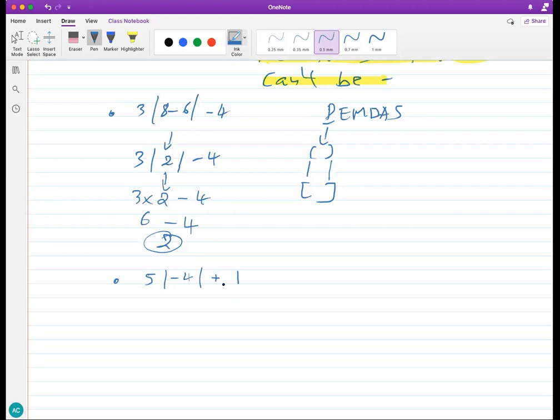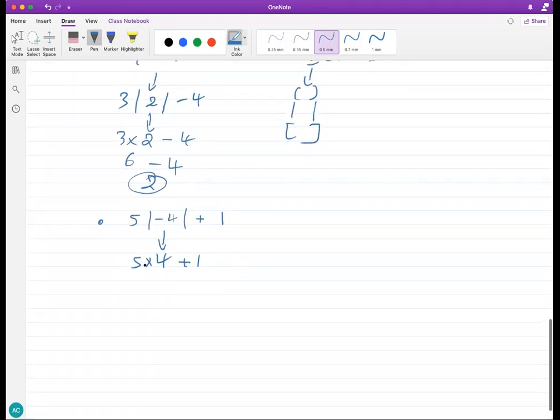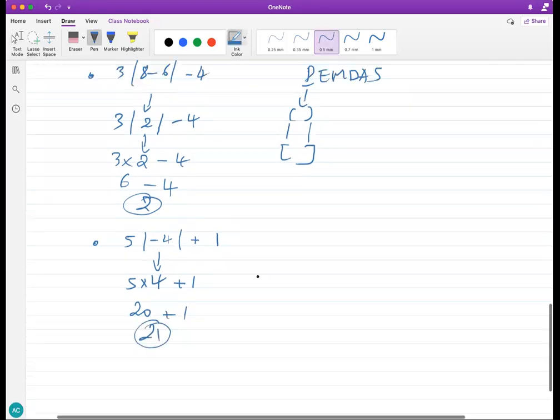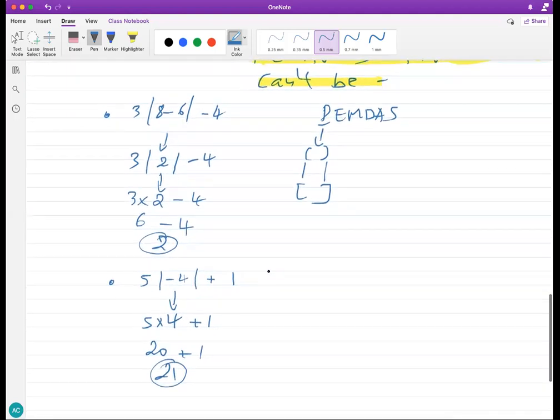Where do we start from again? Same as this. You're going to change the -4 in the absolute value to +4. Exactly. So the negative turns into 4. And then you're going to multiply 5 times 4, you'll get 20. So this turns into a multiplication. 20 plus 1, we get 21. That's the answer. So very similar to the order of operations with parentheses.